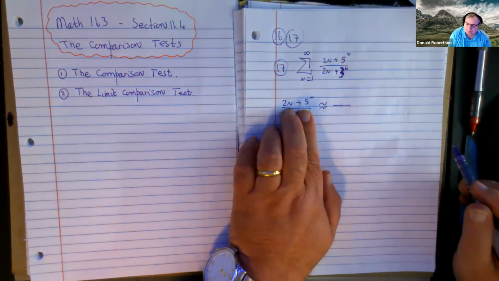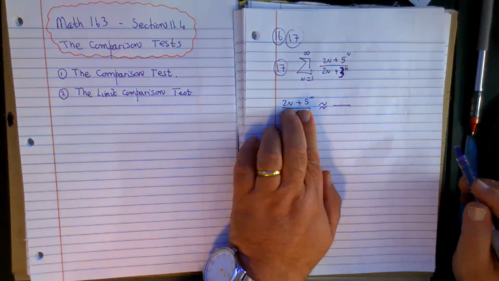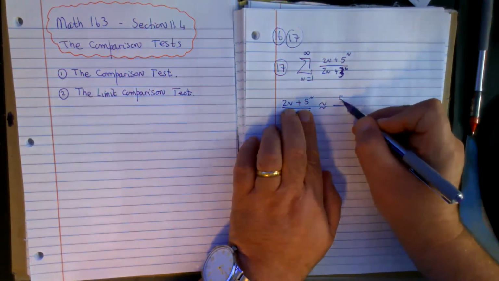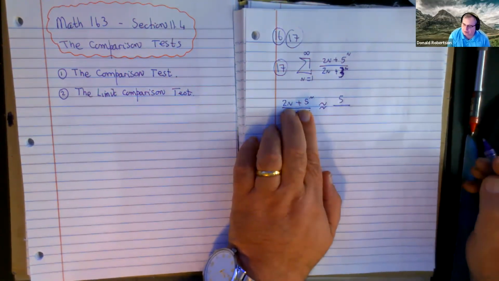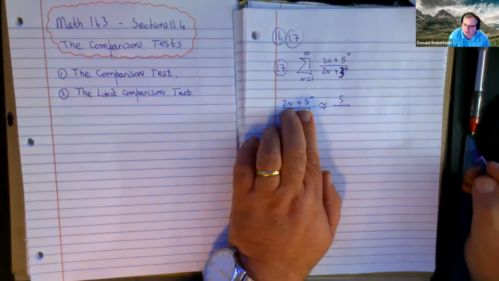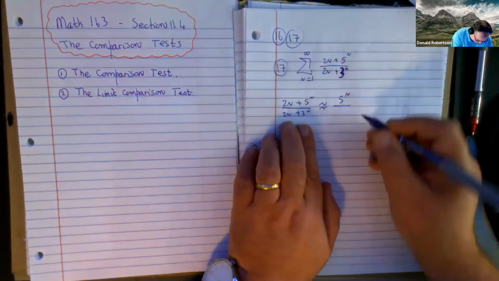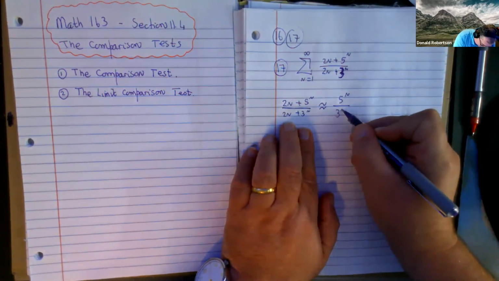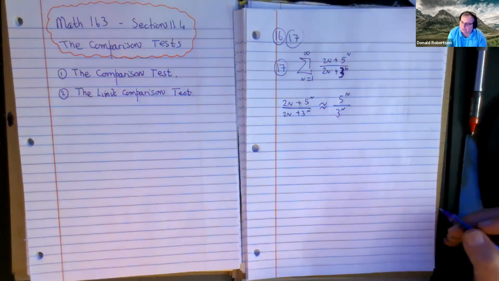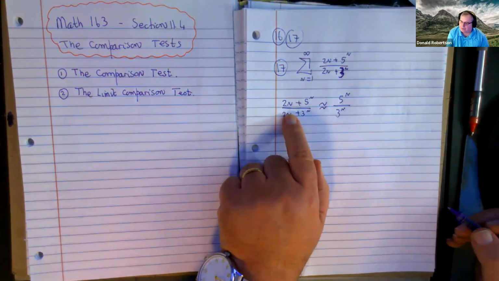What do you think? I gotta go with the 5 to the power of n. Yeah, can you imagine 5 to the power of 10 is massive, right? And 2 times 10 is only 20, right? It's not that big. So in the same argument, could I also do 3 to the n on the bottom? Agreed? It's bigger than 2 times n.